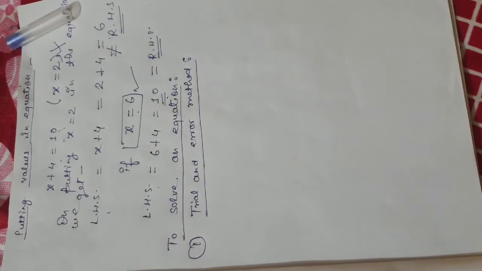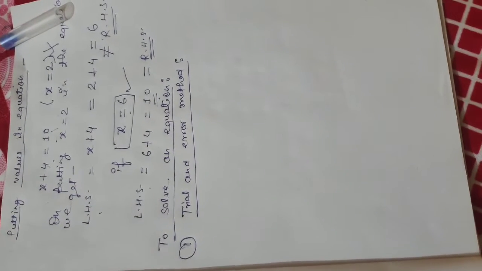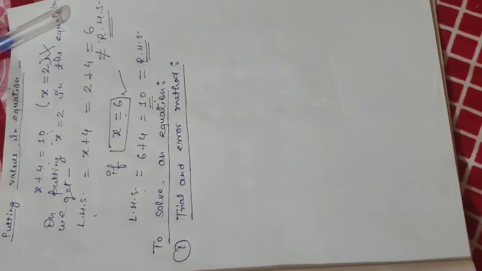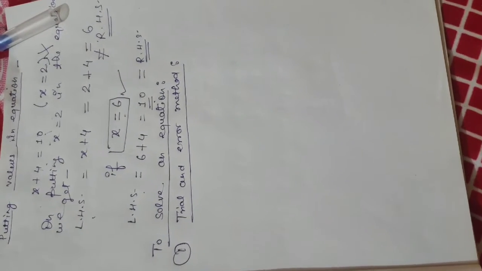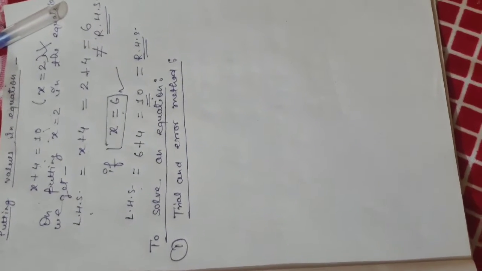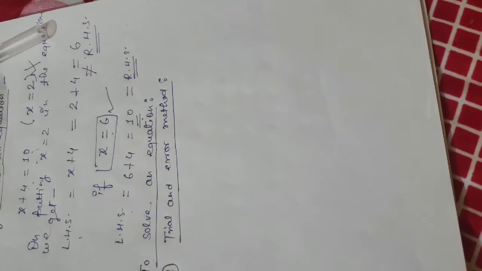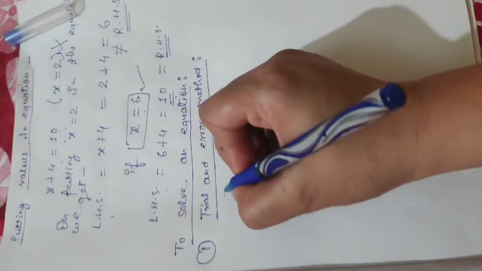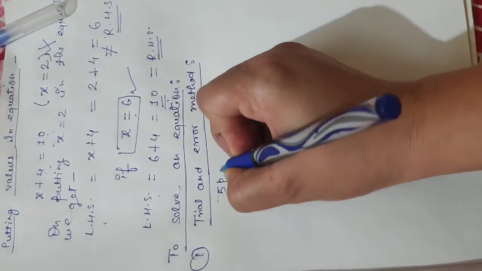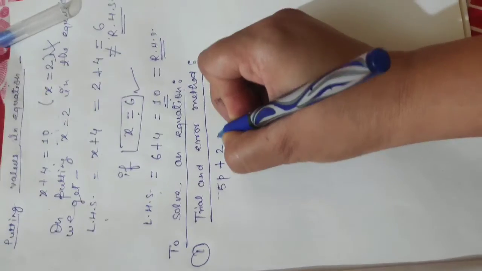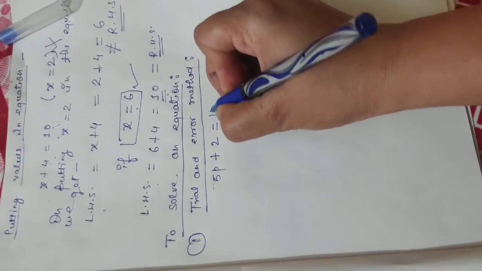Yes students, now we will learn how to solve an equation. The first method to solve an equation is the trial and error method. What is the trial and error method? Let's see. For example, suppose an equation is of the form 5p plus 2 is equal to 17.